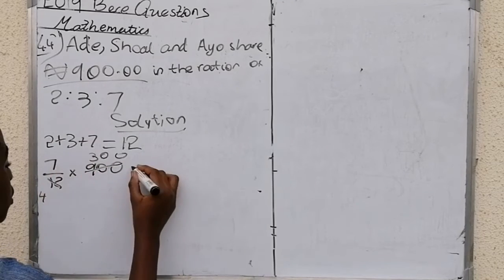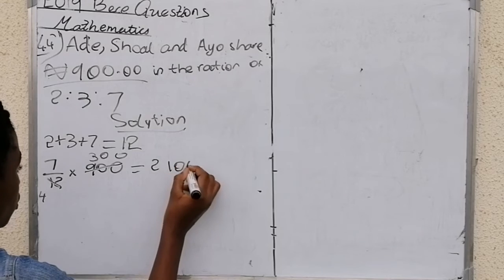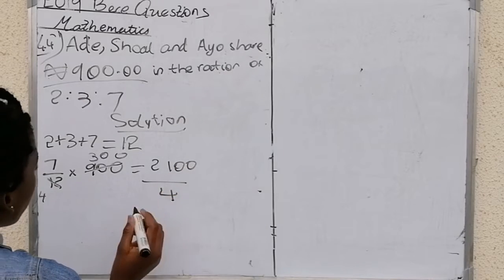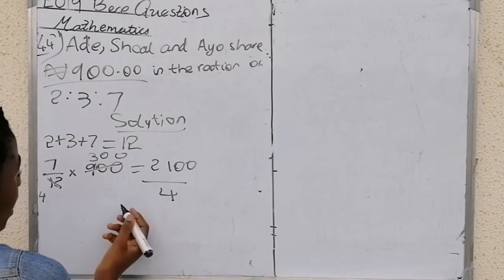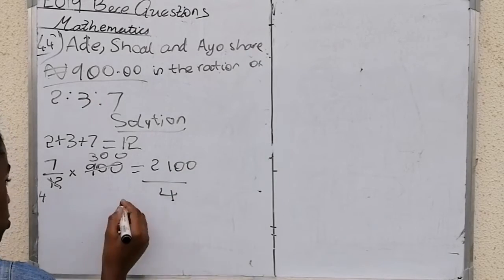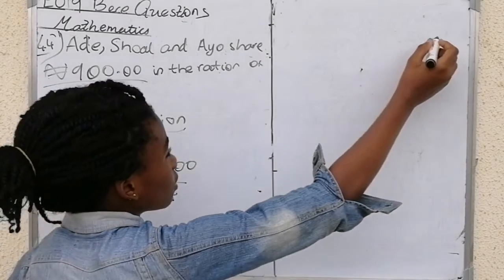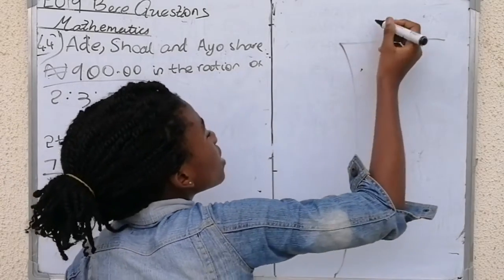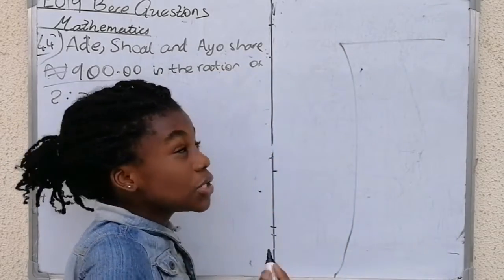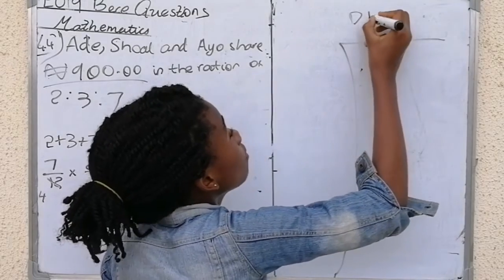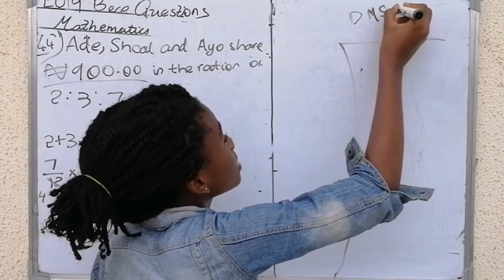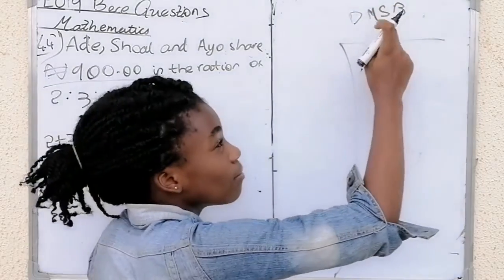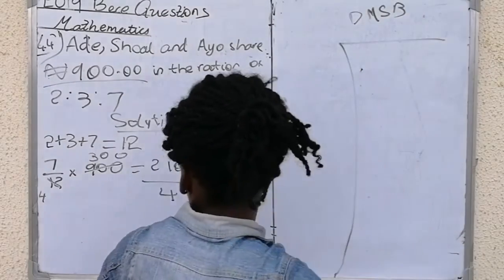So 7 times 300 is 2100 divided by 4. So we have to divide this by 4. So let's use long division. Whenever we're using long division, we should always remember this: divide, multiply, subtract, bring down.